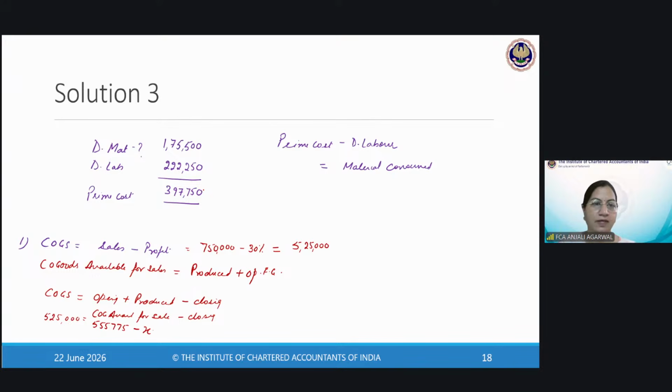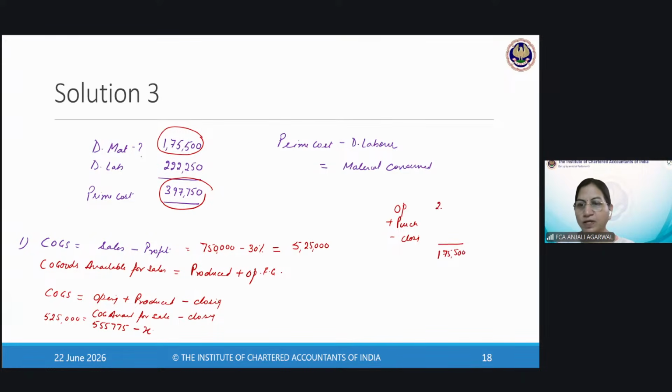Another important thing, as you have the prime cost, you have easily calculated how much material is consumed. Now, when you have calculated the material consumed, opening raw material is given, plus purchases is given, minus closing, which we don't know, and consumed we know as 175,500.